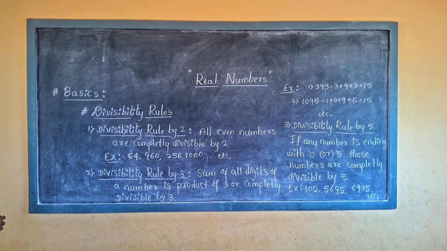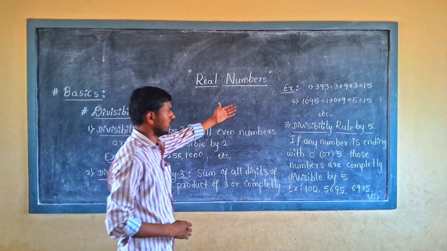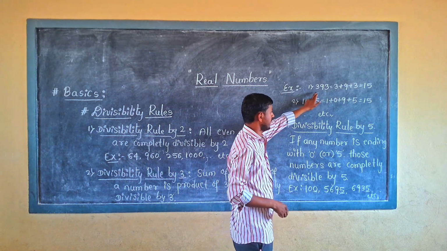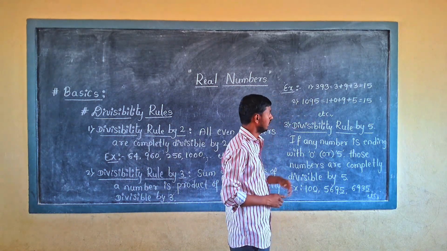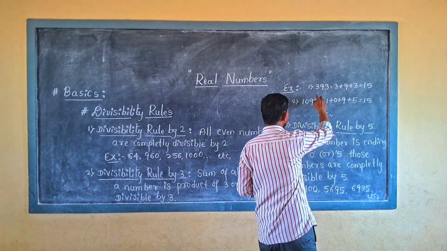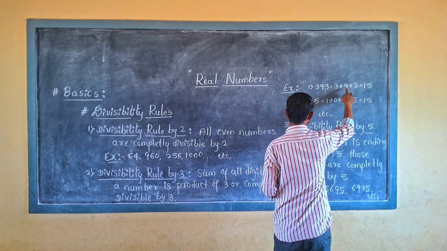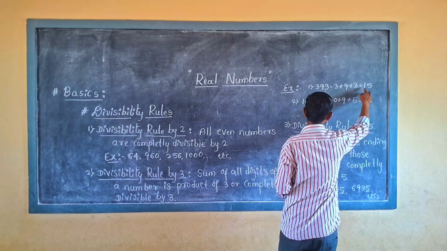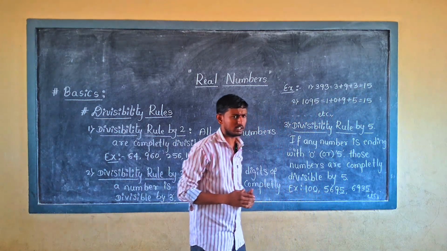Another is the divisibility rule by 3. It says that if the sum of all digits of a number is a multiple of 3, the number is completely divisible by 3. For example, I take two examples here, 393 and 1095. In 393, we add the digits: 3 plus 9 plus 3 equals 15. 15 is a multiple of 3.